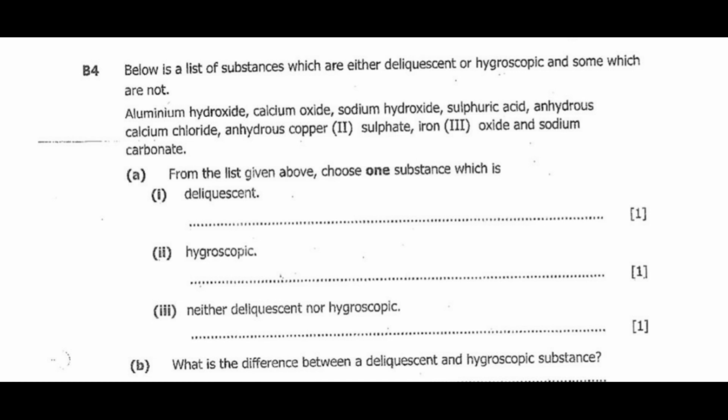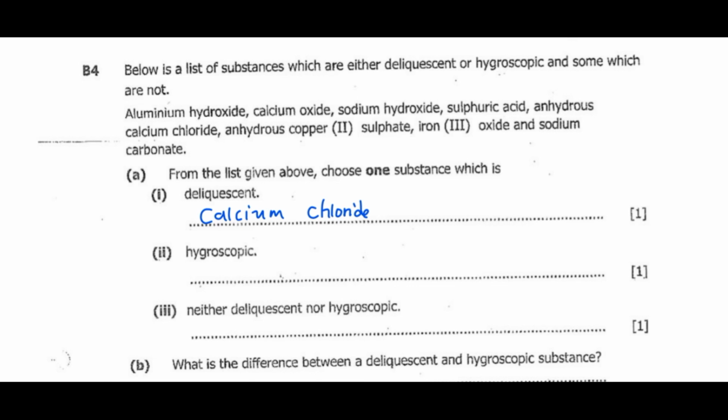Now from this, which substance can behave like that? The answer here is calcium chloride. You know how this behaves. It can absorb water and it dissolves. That's why you may sometimes find the salt sticking together, forming a crystal.